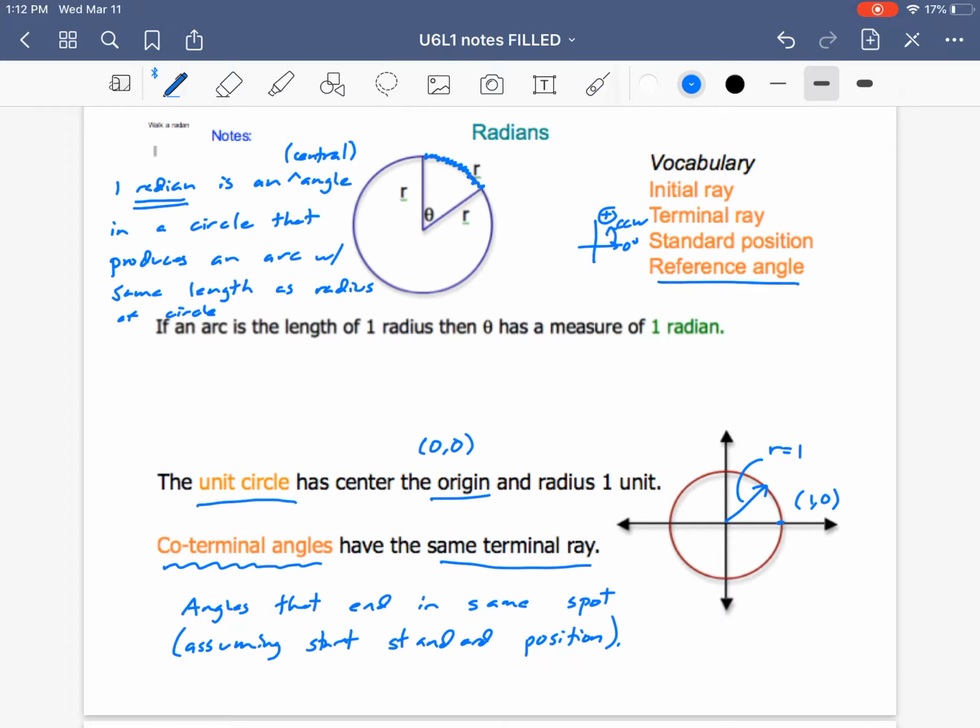Okay, so one example of that would be 0 degrees and 360 degrees, right? Both of those angles end right here. All right.